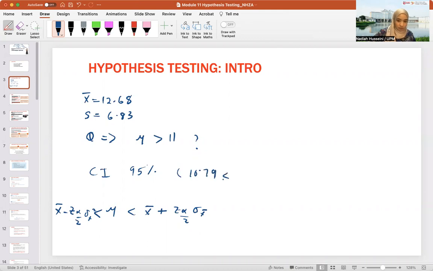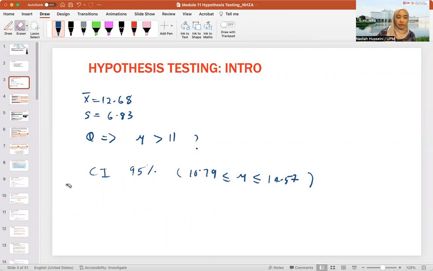10.79 < mu < 14.57 for a confidence interval of 95%. So this is my CI for 95%. Does this CI tell me that mu is greater than 11?